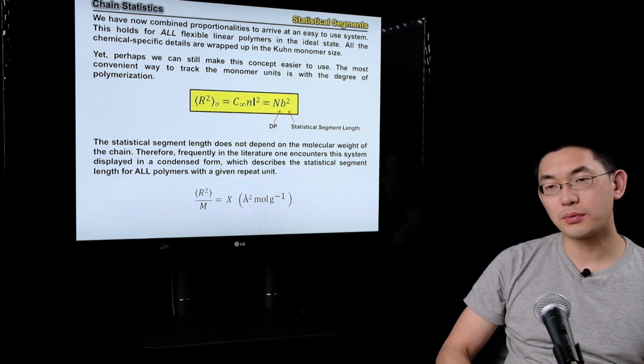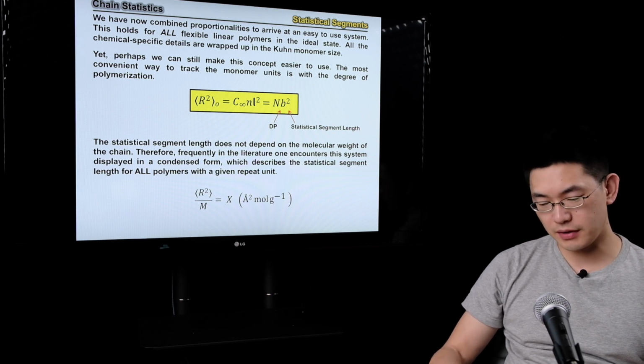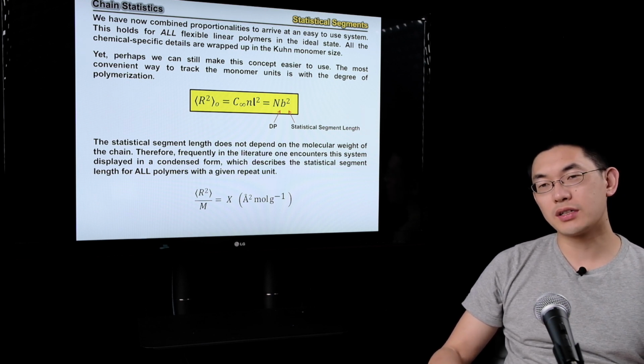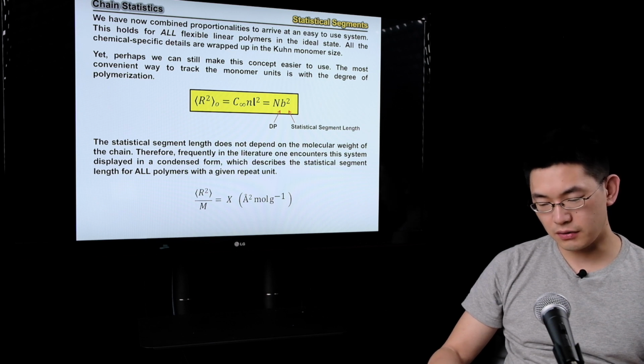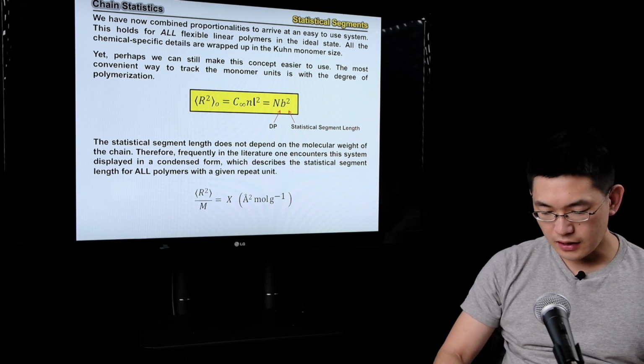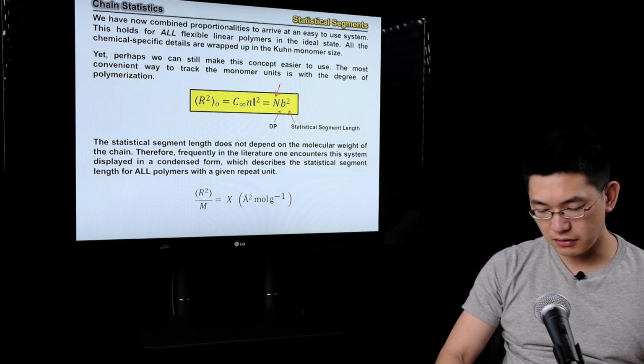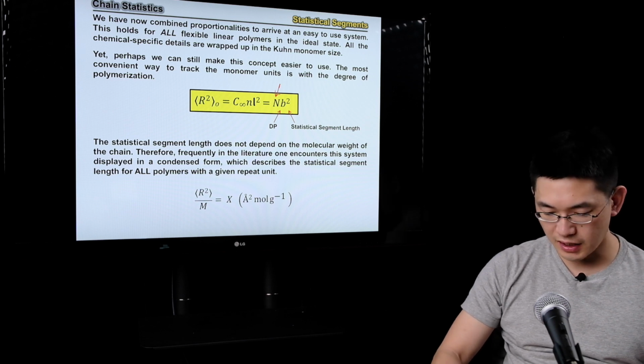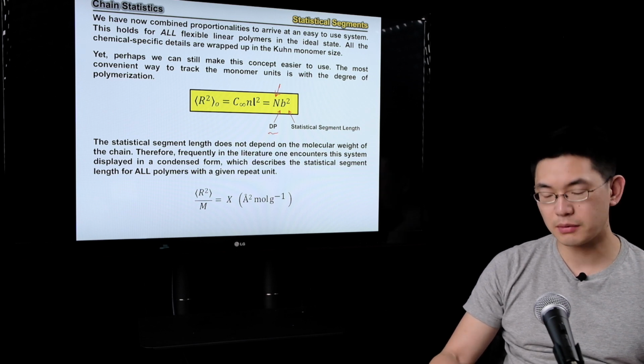It will go up with degree of polymerization. If you have higher degree of polymerization, your end-to-end distance R or R square will increase. But the B, the statistical segment length, will not increase because the molecular weight has already been encoded in this value of N, also known as degree of polymerization.